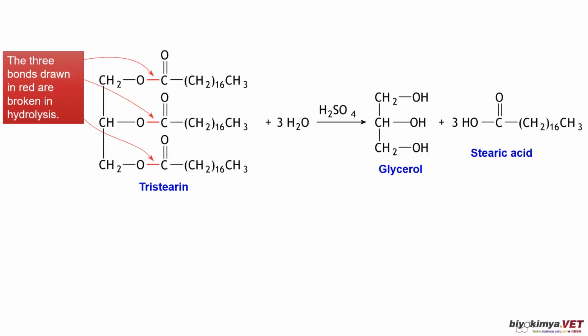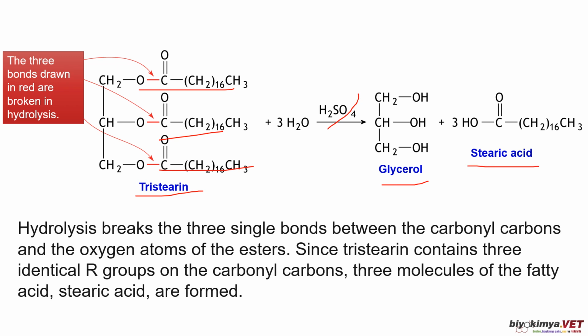And look at that molecule. As an example, we have a tristearin triglyceride carrying 3 moles of stearic acid. And the three bonds here are drawn in red, which will be broken by adding water in hydrolysis and using an acid catalyst here. And the result will be glycerol and 3 moles of stearic acid.